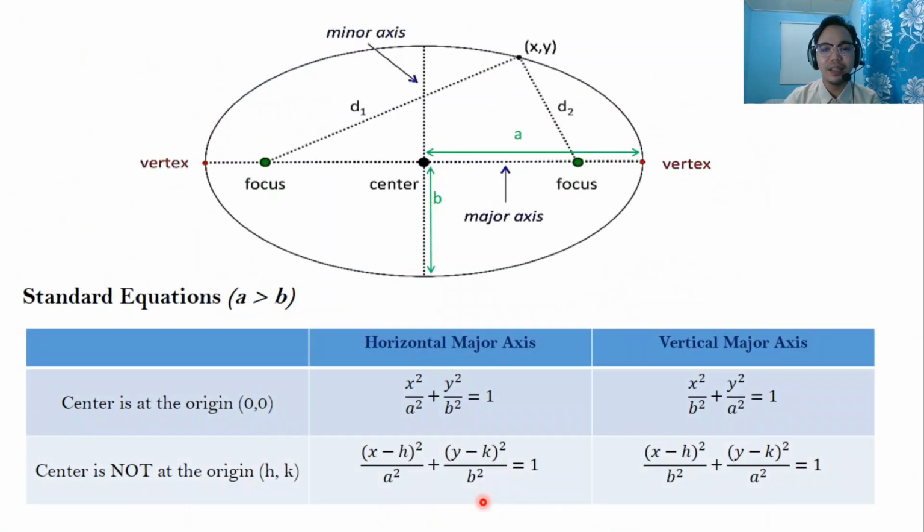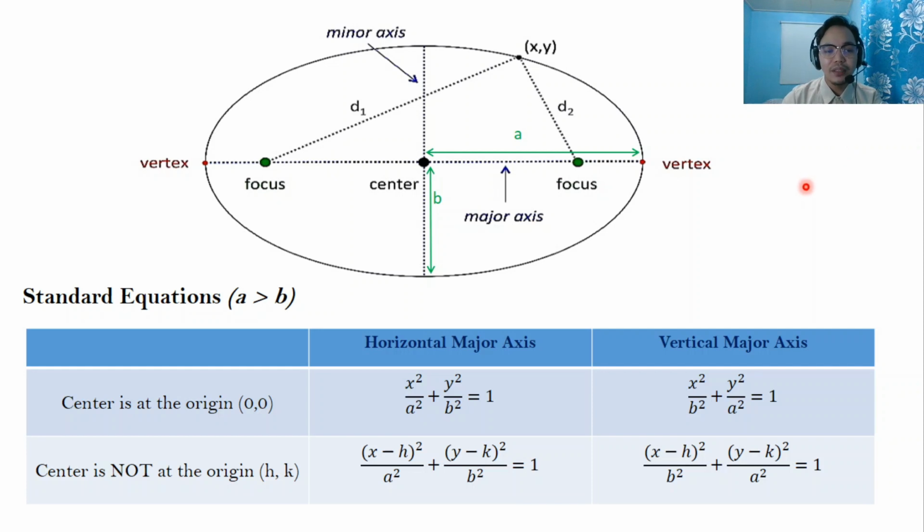So let's have the standard equations of our ellipse. There are two cases in working ellipse on our Cartesian plane. The first one is if the center of the ellipse is found at the origin, and the second one is if the center is not at the origin.